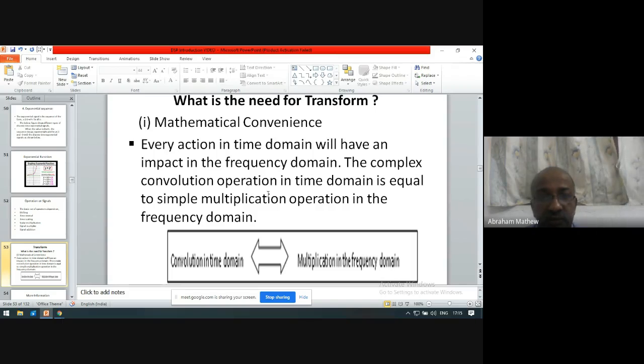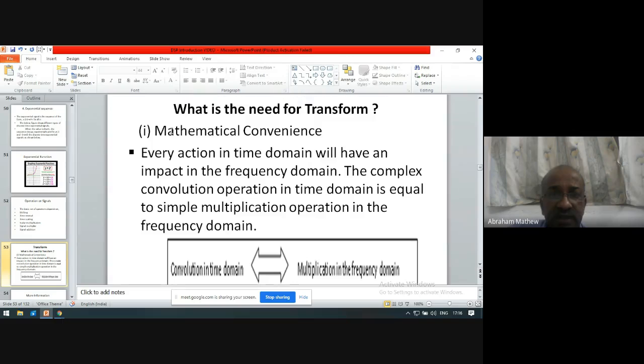That means we need a transform that switches us from the time domain signal to the frequency domain. If you can do that, the mathematical convenience can be achieved. We can easily compute it. Computation time will reduce. So that is the first need for a transform, mathematical convenience.